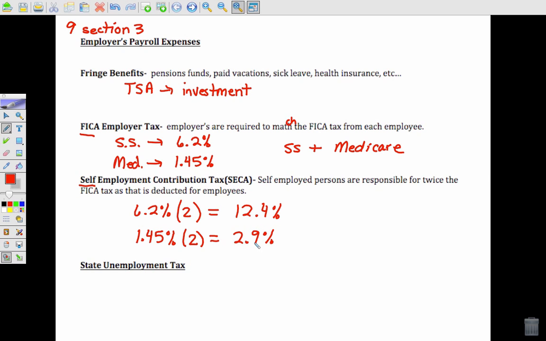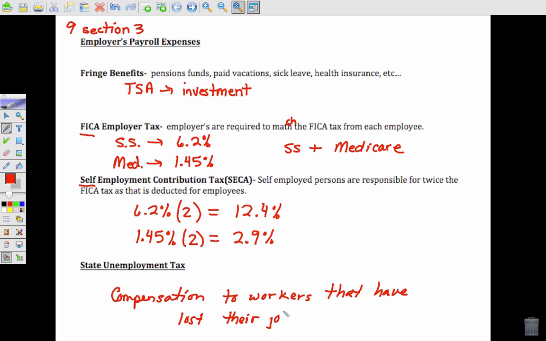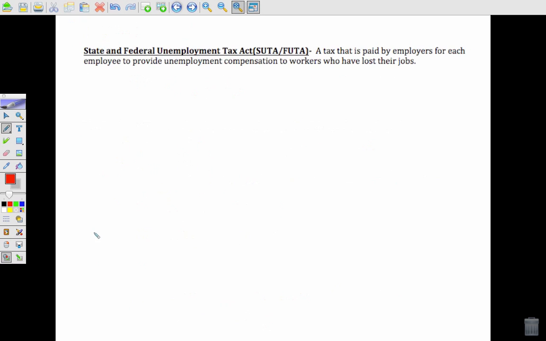All right, some other contributions that we have as an employer would be state unemployment tax. Unemployment means compensation to workers that have lost their job. There are two types of unemployment tax: one is state, and the other is federal.